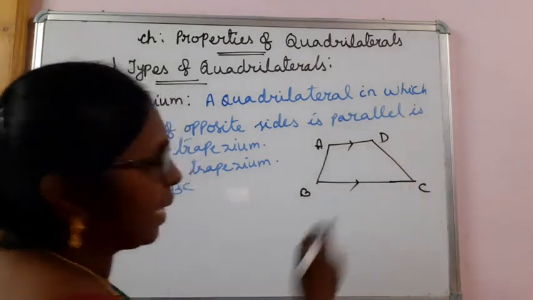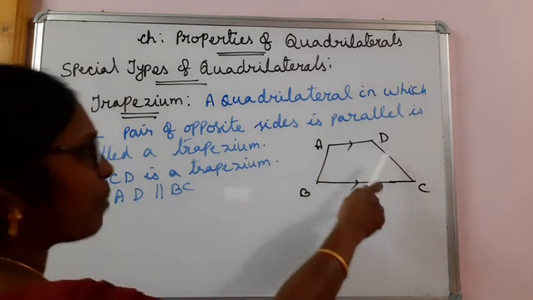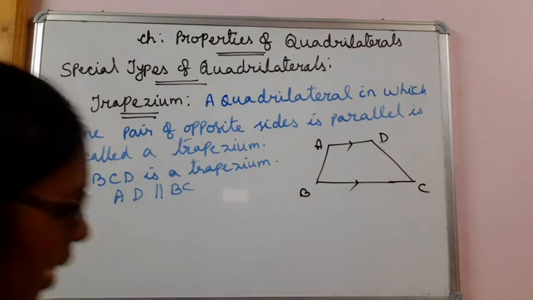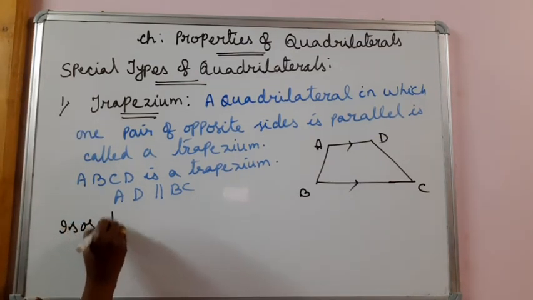Then AB and DC, they are the non-parallel sides. If the non-parallel sides of a trapezium are equal, that is said to be an isosceles trapezium.